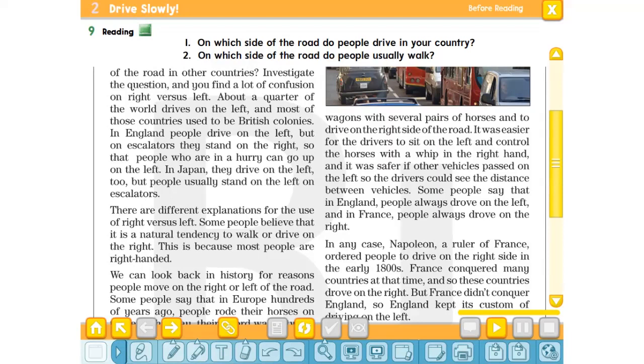Some people believe that it is a natural tendency to walk or drive on the right. This is because most people are right-handed. Thank you.